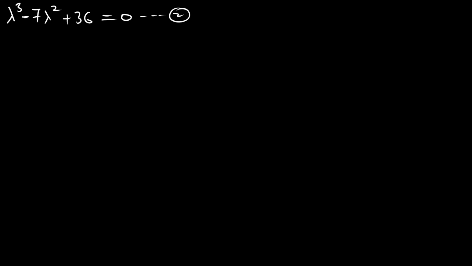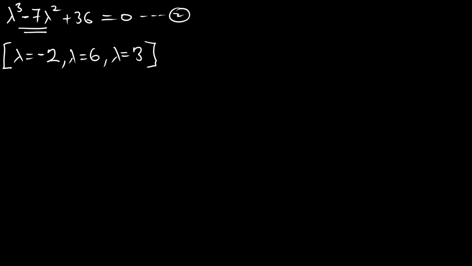So from this cubic equation, we can find 3 roots of the equation, and those roots will represent the eigenvalues. You can use your calculator to find the roots of this equation, and the roots are lambda equal to negative 2, lambda equal to 6 and lambda equal to 3, like this.